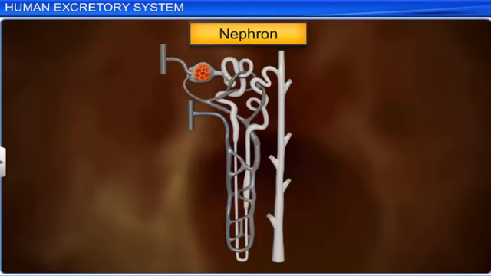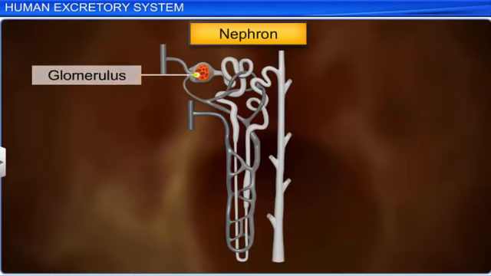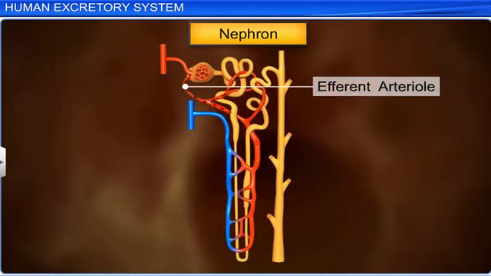The glomerulus is a ball-shaped network of capillaries formed by the afferent arteriole, which is a fine branch of the renal artery. It performs the first step in filtering blood. The filtered blood from the glomerulus exits through the efferent arteriole.